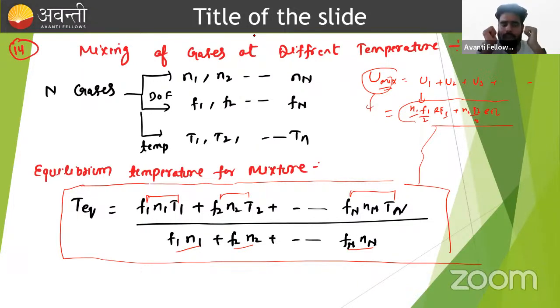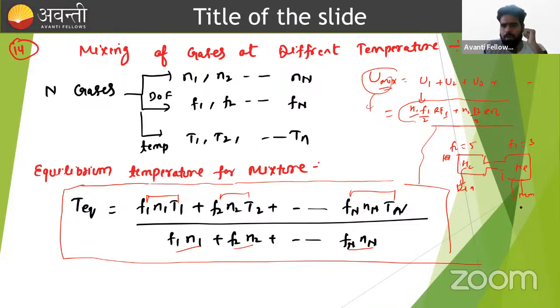Note this down, it is a very important point, beta. Suppose which type of question is asked: in a container hydrogen gas is present, and here helium gas is present. We can say this is diatomic, this is monoatomic. So what is F1 here? That is 3. What is F2 here? That is 5.